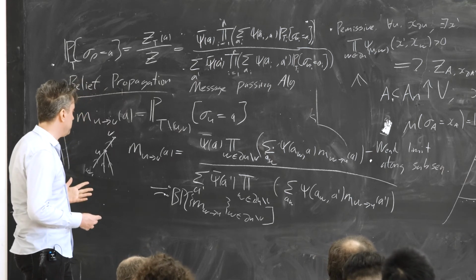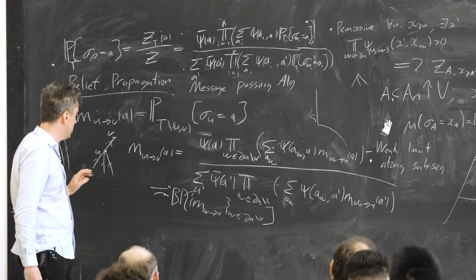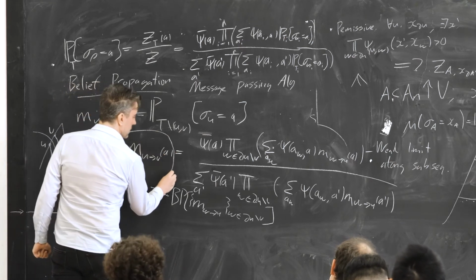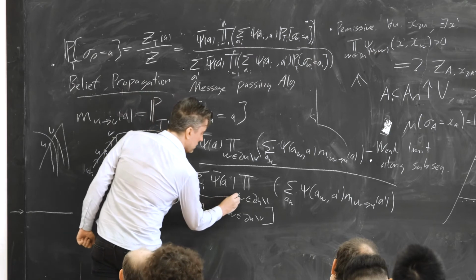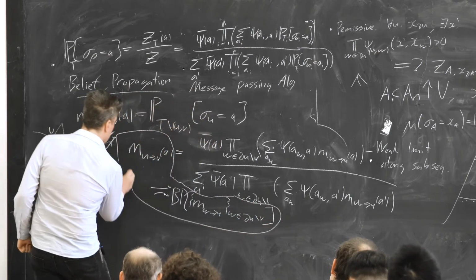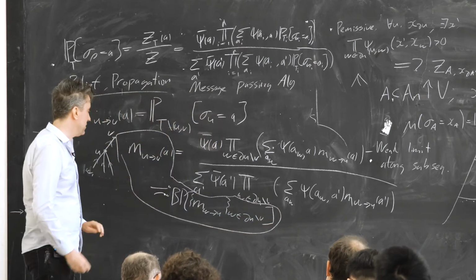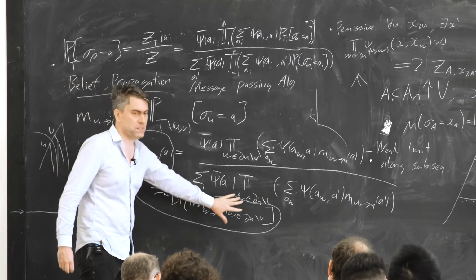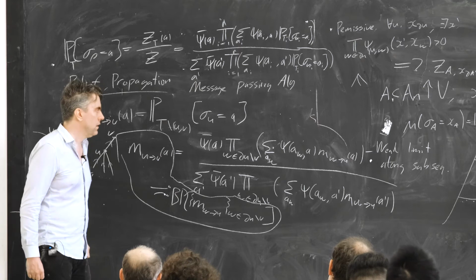Okay. And so these are the belief propagation equations, that the outgoing message is equal to BP of the incoming messages.